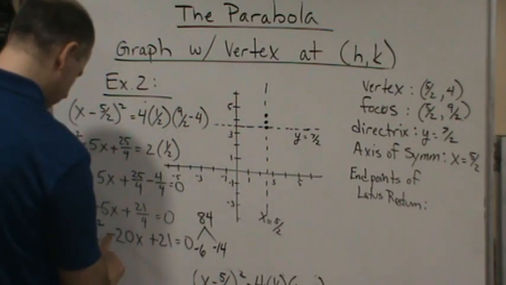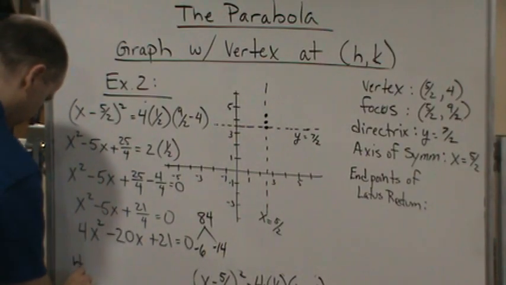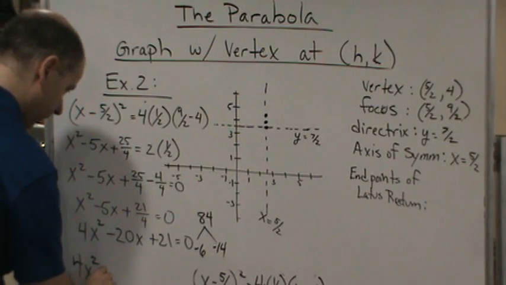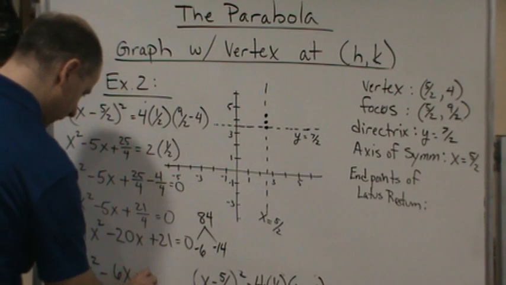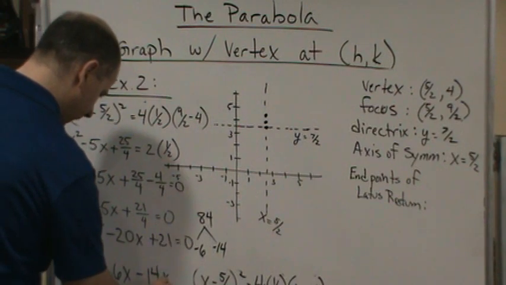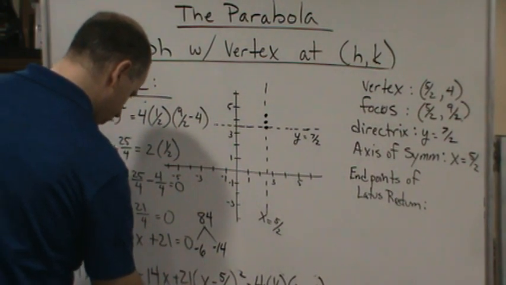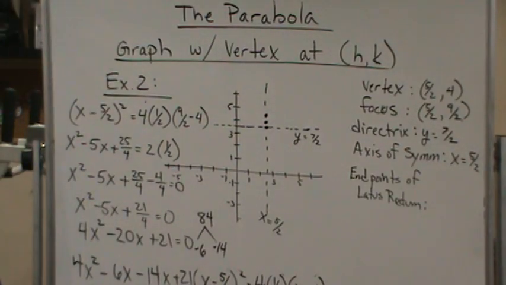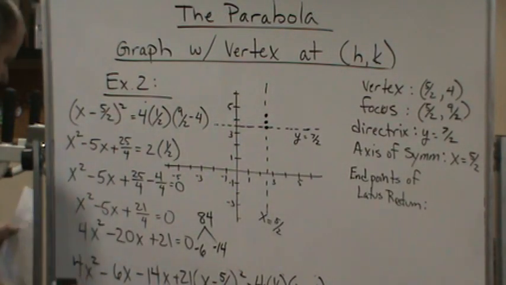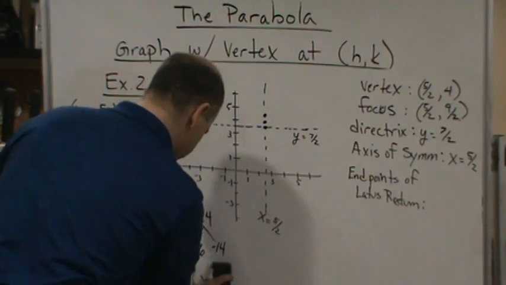Okay, so it should be 4x squared minus 6x minus 14x plus 21. Now I'm going to erase this to give myself some room.